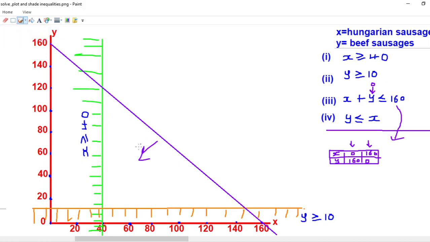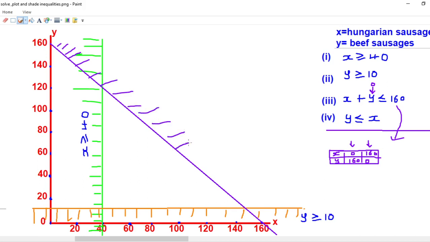So the wanted region is the down part. That's what is being described by the inequality. We are not going to shade this part because it's the wanted. We need to shade the unwanted region, so we are going to shade this region, the alternative region, starting from this one going upward.